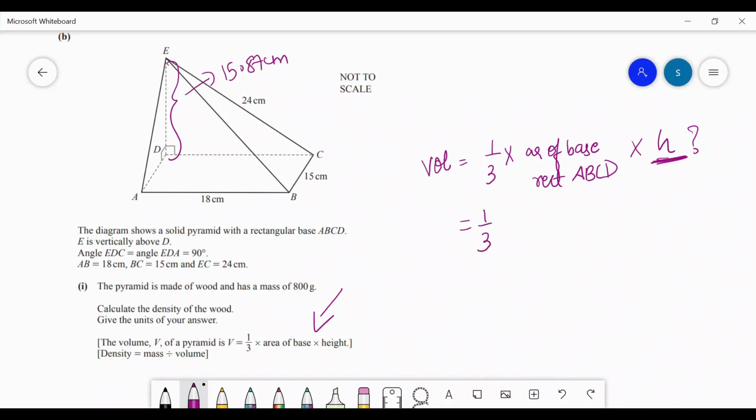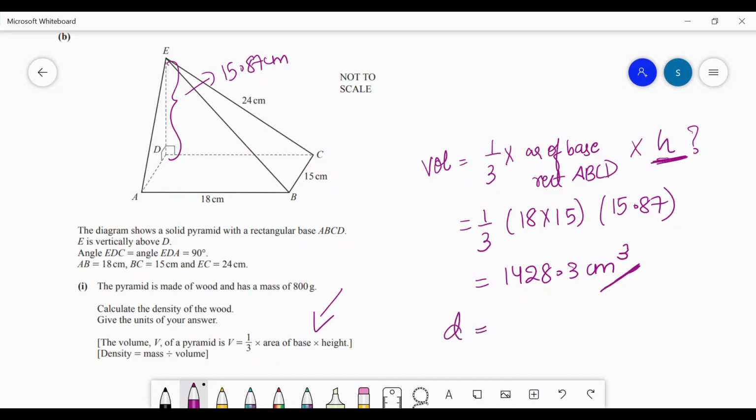Let's use that to find the volume now. This is 1 by 3, area of base is 18 into 15, into height, which we just found out, 15.87, and when you do the calculation, you get 1428.3 centimeter cube. This is volume, so make sure you write the measurements properly.